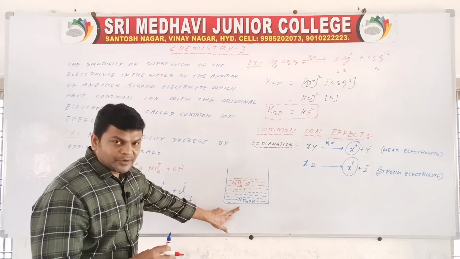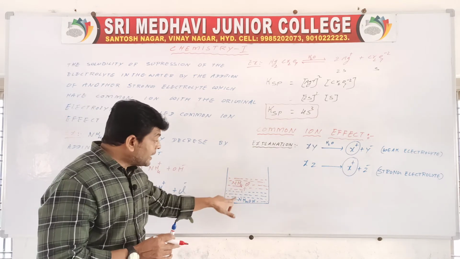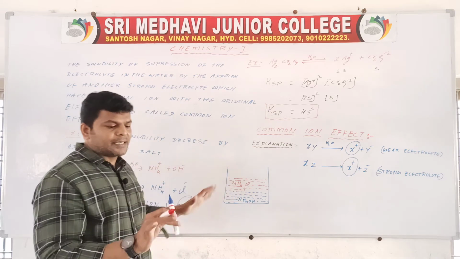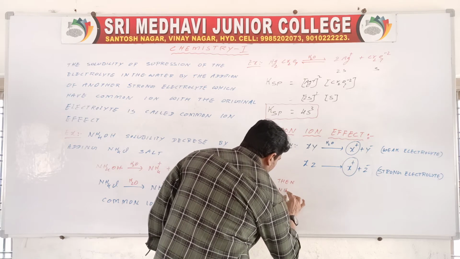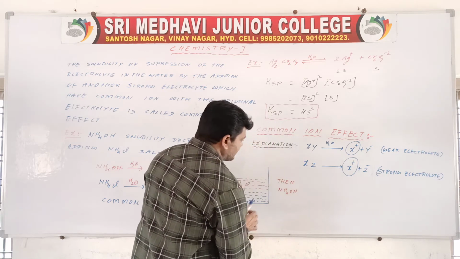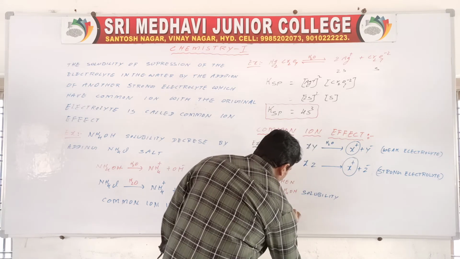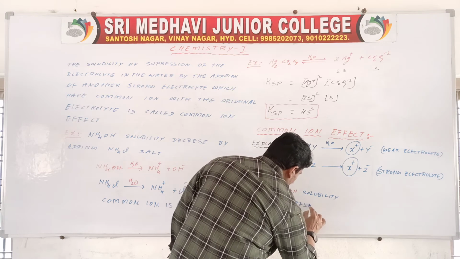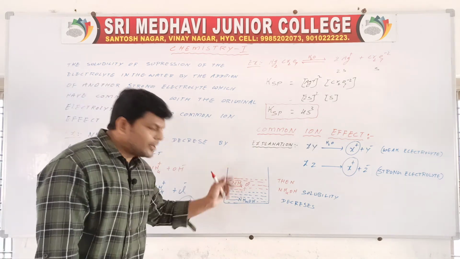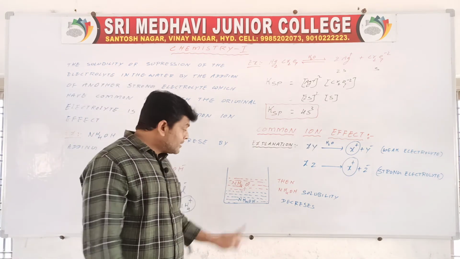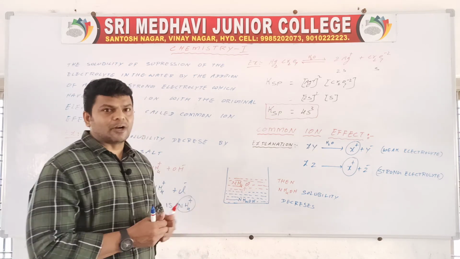If you add NH4Cl to the NH4OH solution, then NH4OH solubility decreases. This is called the common ion effect. Here what is the common ion? In NH4Cl and NH4OH, NH4 plus is the common ion.